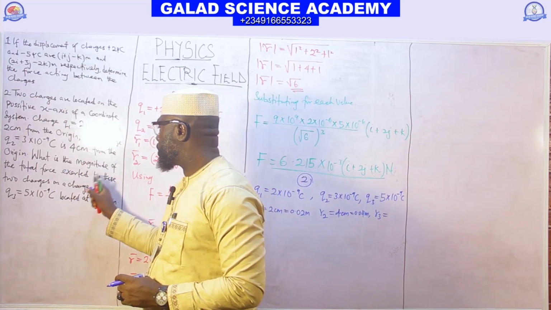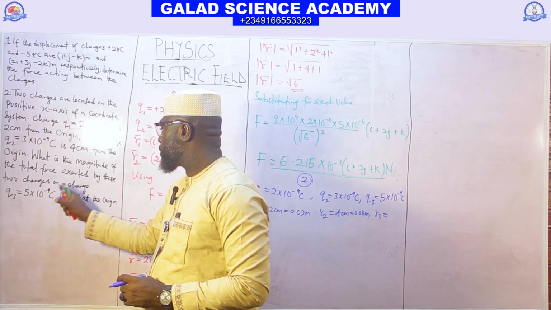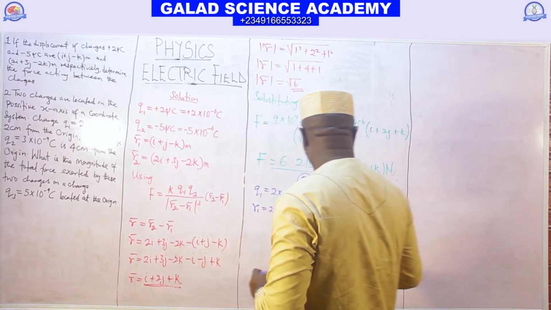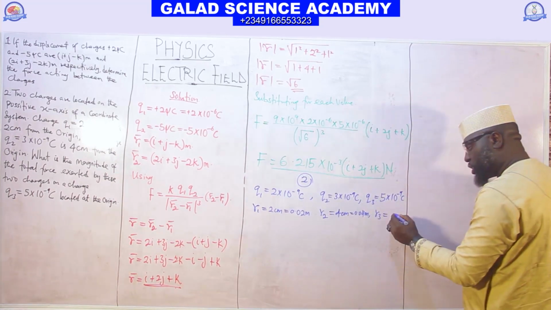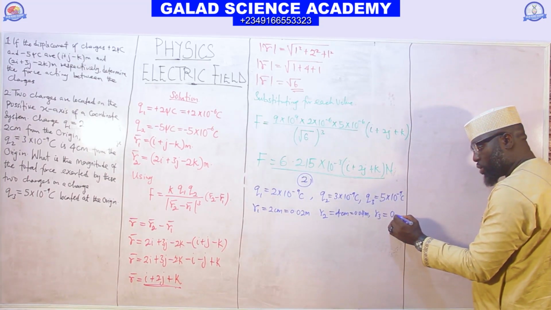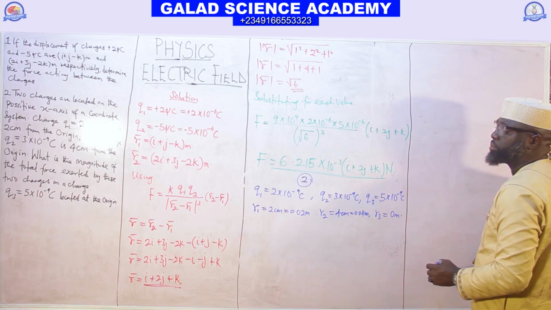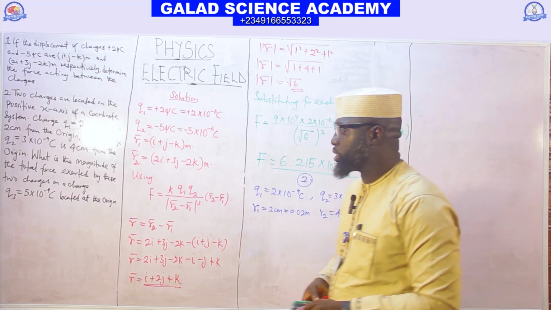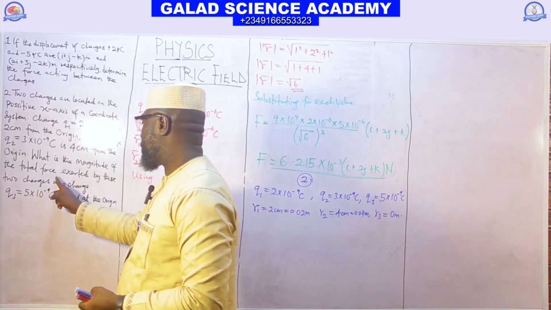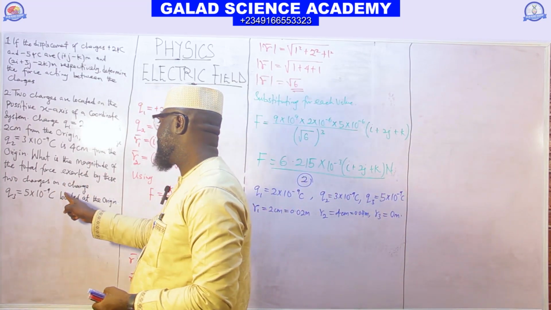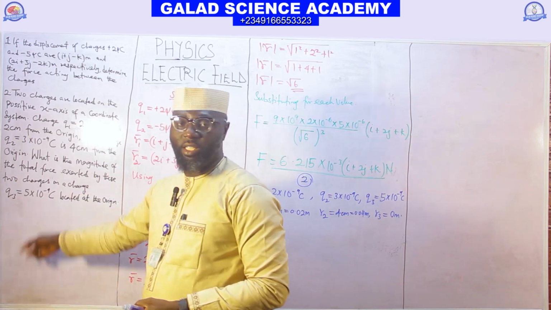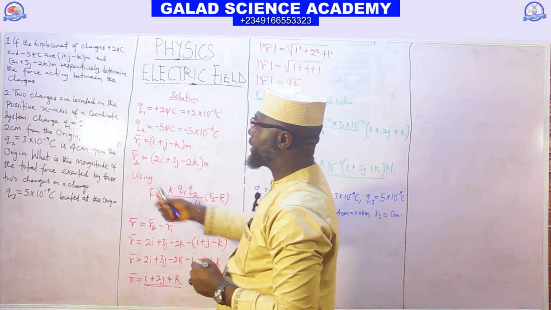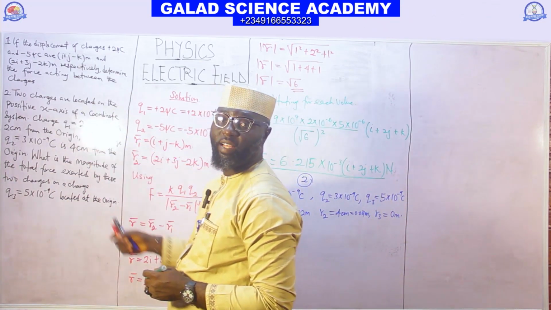They asked: what is the magnitude of the total force exerted by the first two charges on this charge located at the origin? So R3 located at the origin simply means 0 meter. If you look at the question, they said located on a positive x-axis.